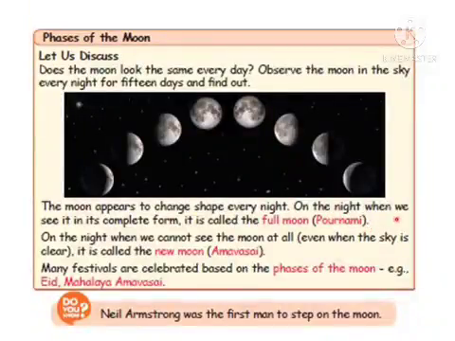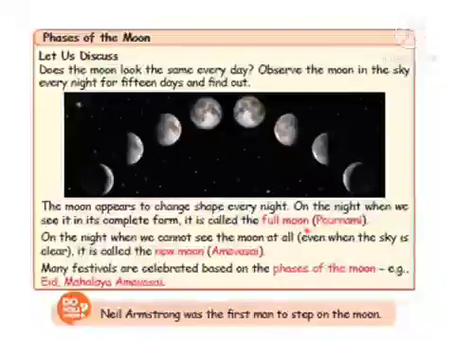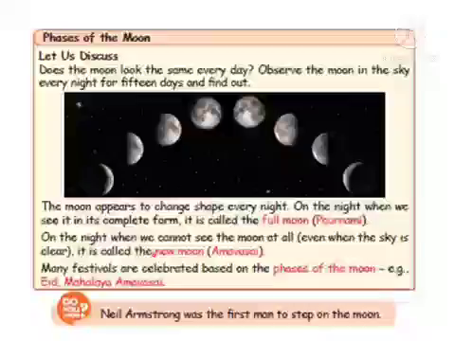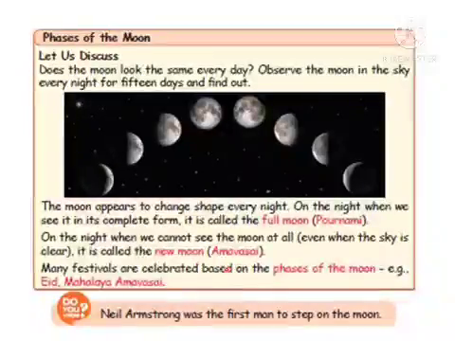On the night when we see it in its complete form, it is called the full moon, Paurnami. On the night when we cannot see the moon at all, even when the sky is clear, it is called the new moon. New moon means Amavasai.